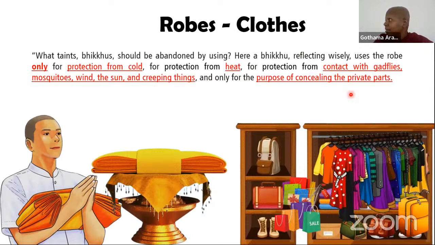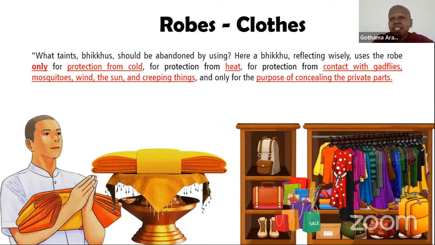So look at your cupboard. How many clothes do you have that you have not used for months or ages? Are there clothes like that? So why don't you give away the things that you are not using anymore? You keep them out of greed. One day I will be able to wear it, but you have not worn it for 1 year, 2 years.